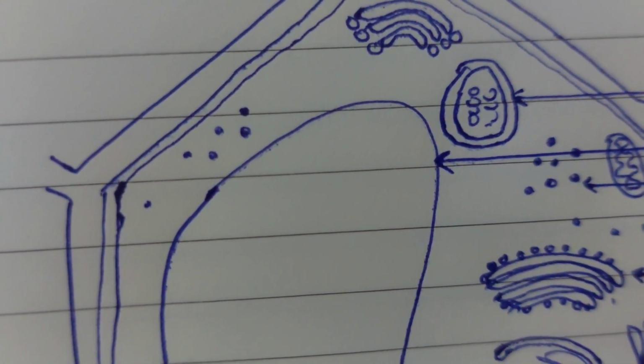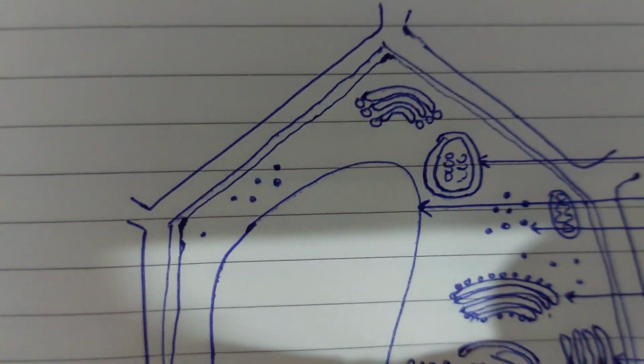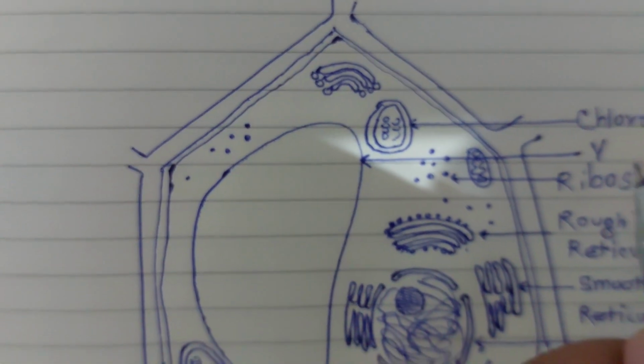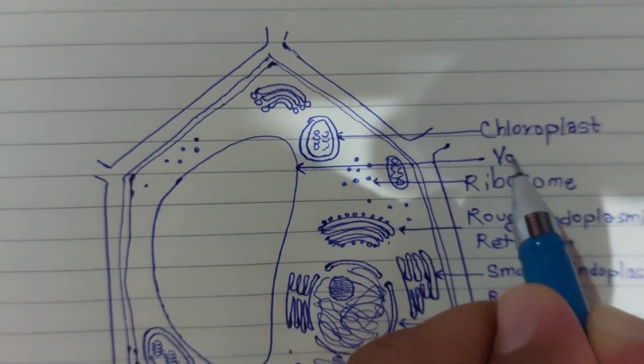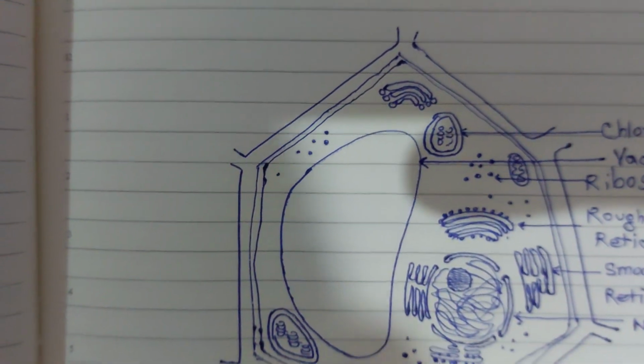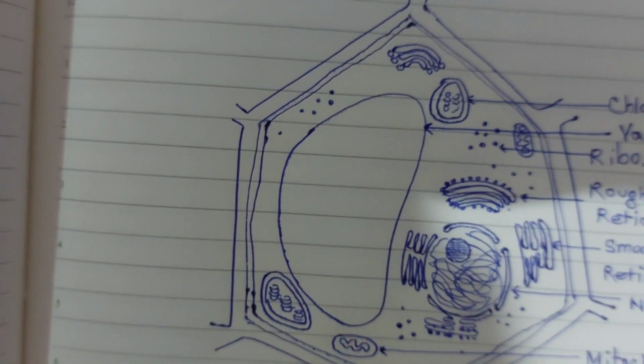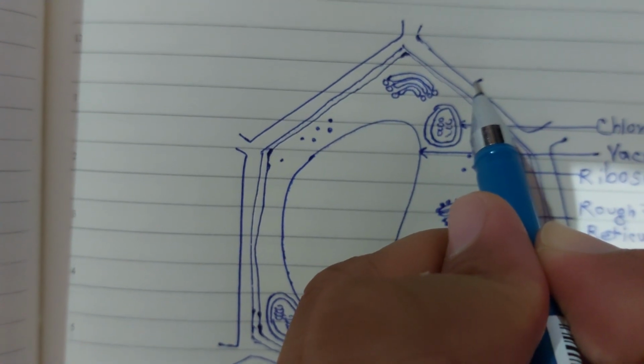So here is vacuole, and this is cell wall, which is very important to label. Cell wall we can label here also.